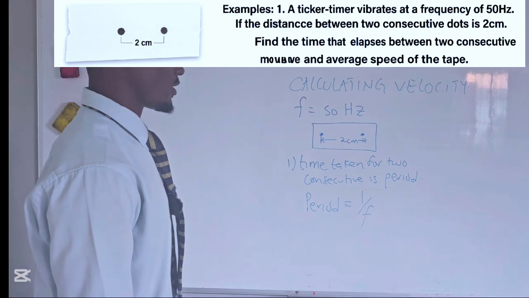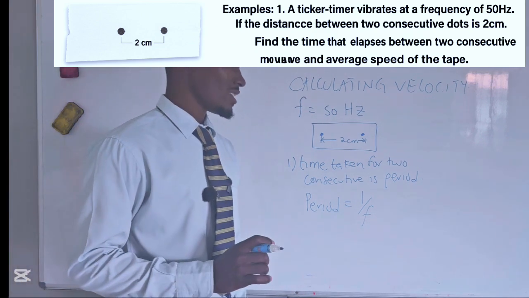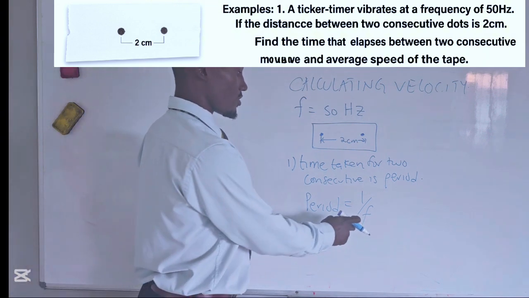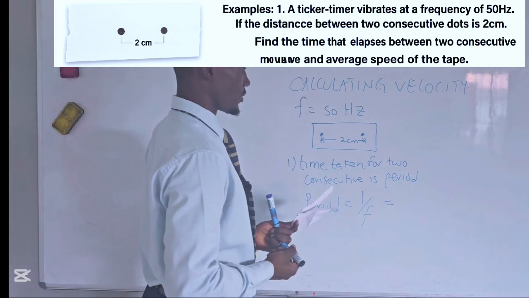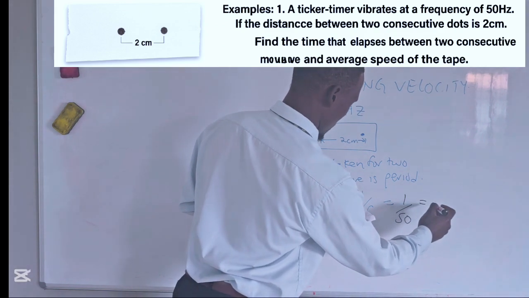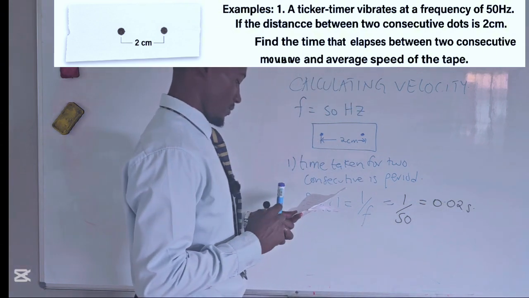So if they want the time for two consecutive dots, it means they want you to get the period. And if you know the frequency, you can get the period using this relation here. So this is 1 over 50, which gives us 0.02 seconds.